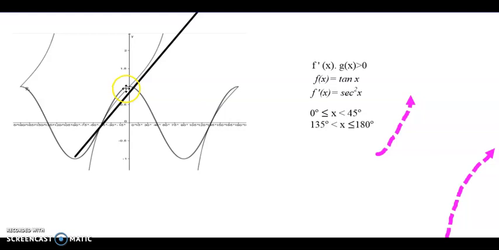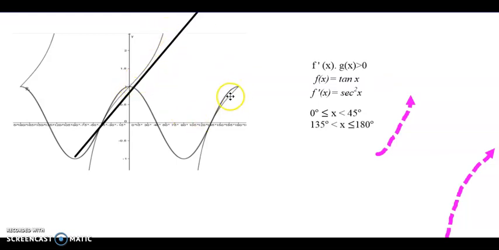So in order to get a positive result, for g from 0 to 45 will be a positive gradient, and then from 135 to 180 degrees will also be a positive gradient. So positive times a positive will give me a positive, and a positive times a positive will give me a positive.